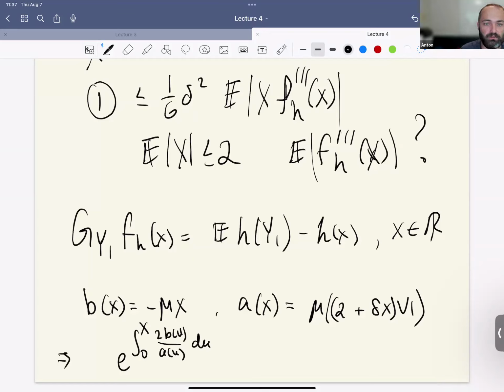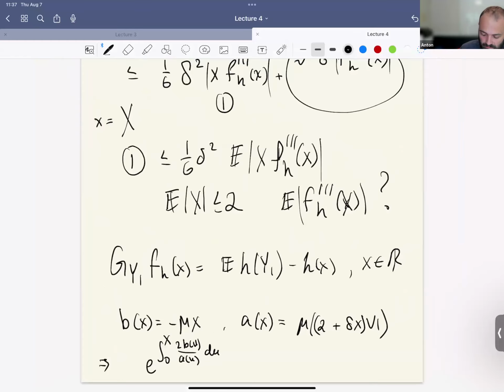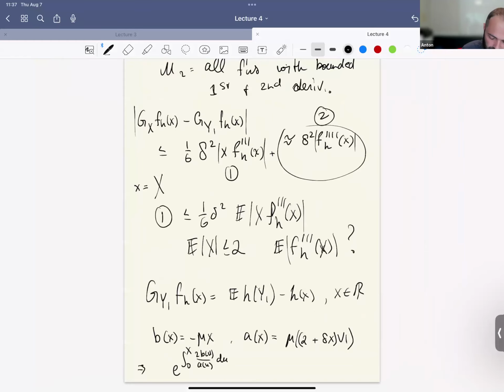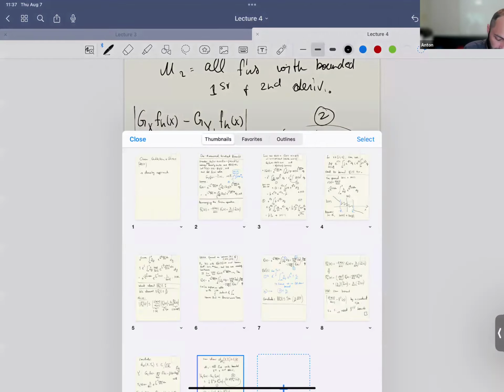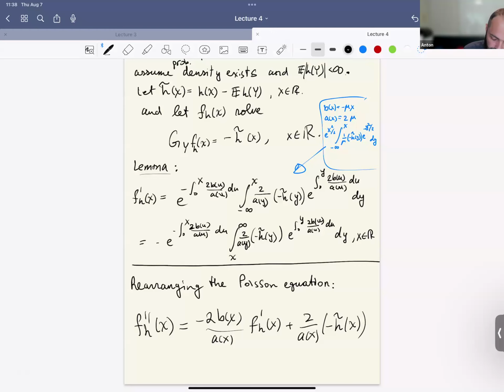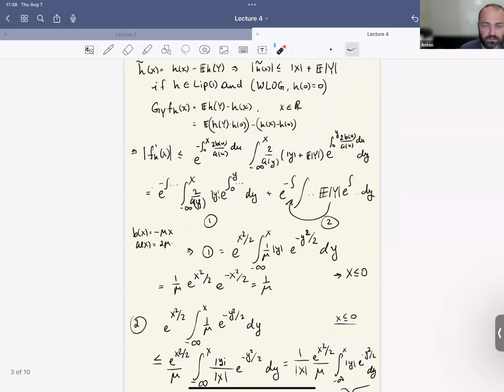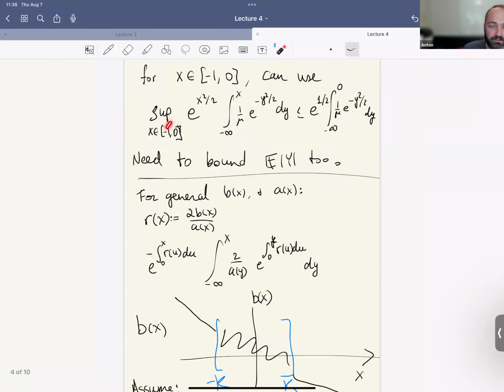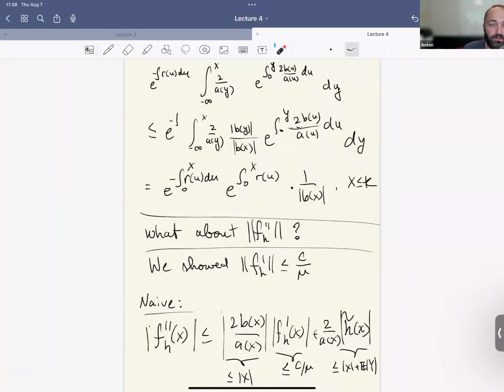Wolfram Alpha will give you a closed form for the integral. It's not that bad, but it becomes much more difficult to work with. So what do we got to do? We have to bound again the first derivative. And that's why I was giving you this general technique, right? We got to bound the second derivative. We have to bound the third derivative.